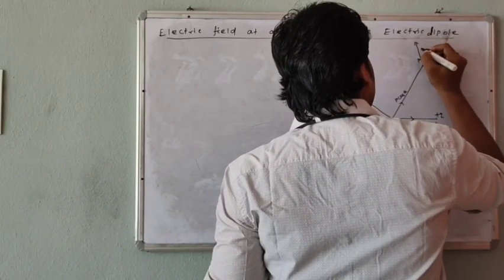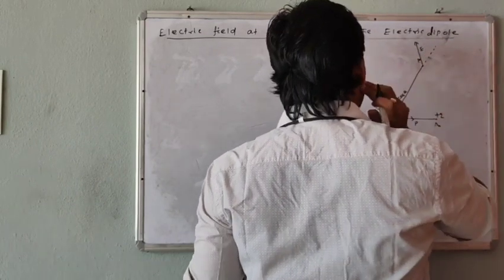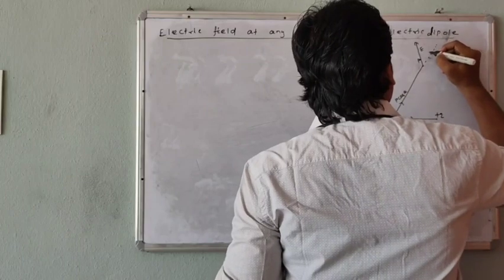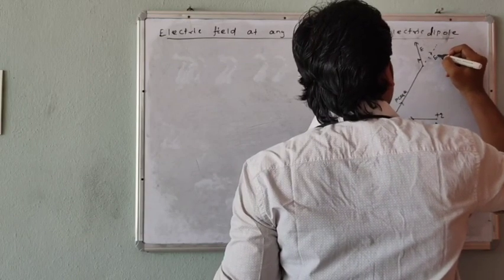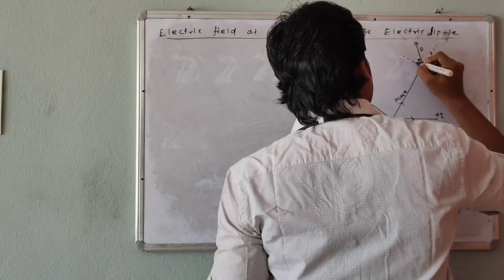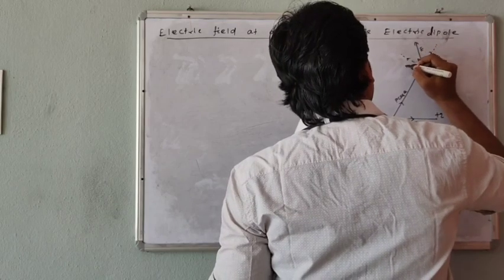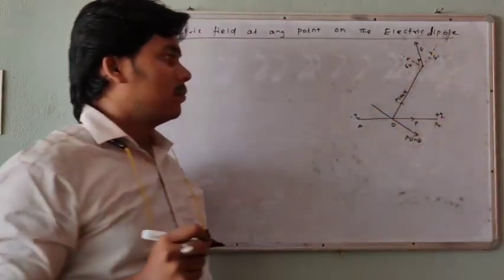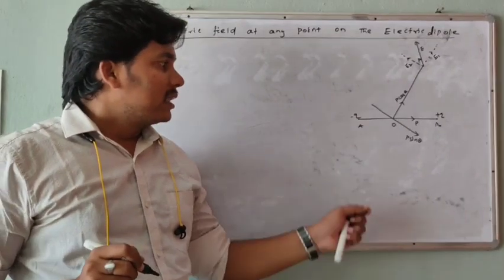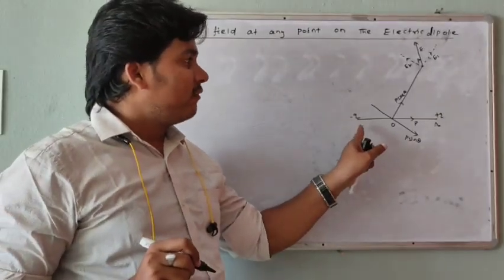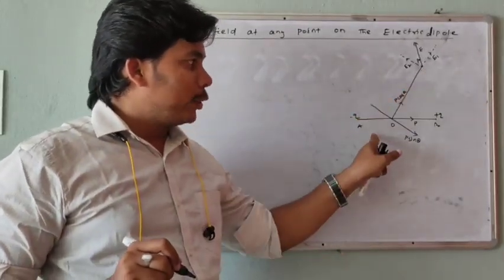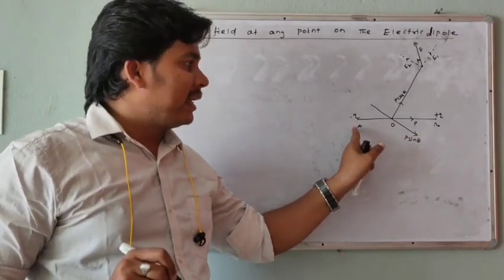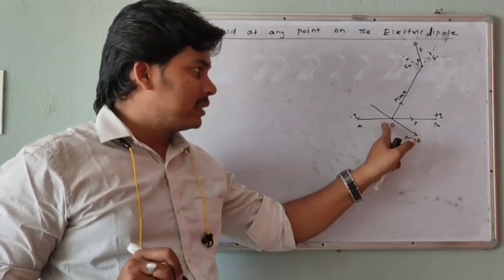This will be the total electric field, and these will be E1 and E2. I am finding the electric field at point P due to this dipole, taking A and B as the two charges, O as the center.